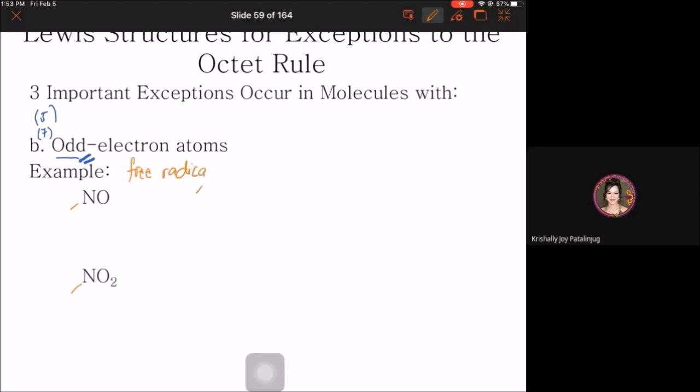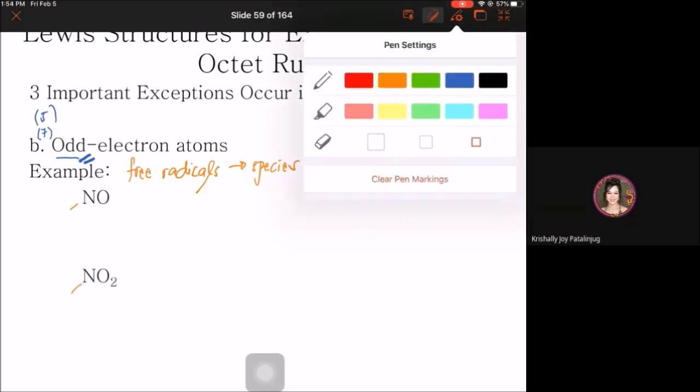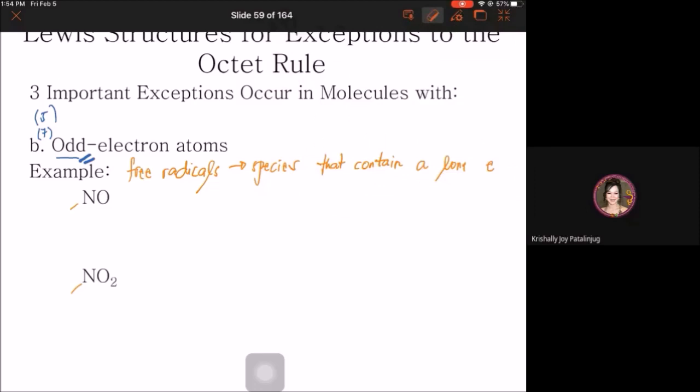Okay, kung sinabi mong free radicals, these are species, this could be a molecule, this could be an ion that contains a lone electron, or unpaired electron.